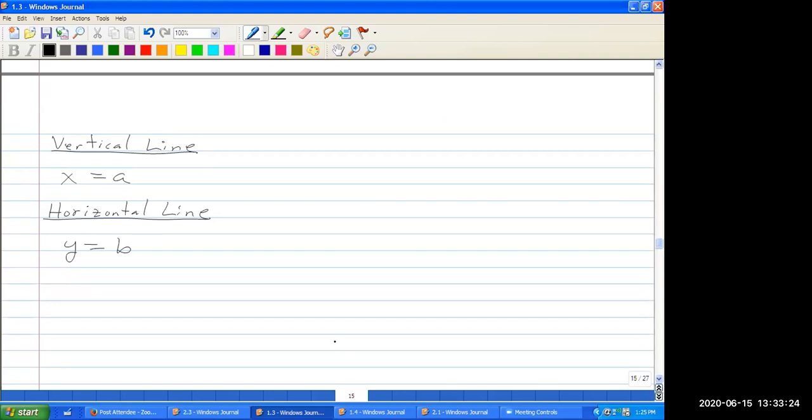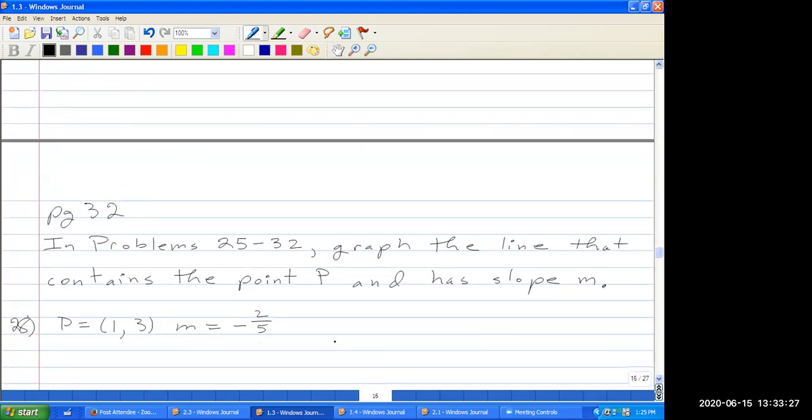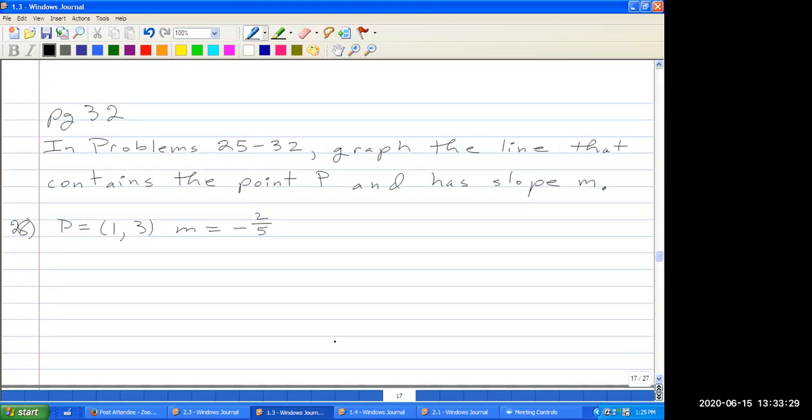Okay, so let's do some examples. Problem number 32. In problems 25 through 32, graph the line that contains the point P and has slope m.